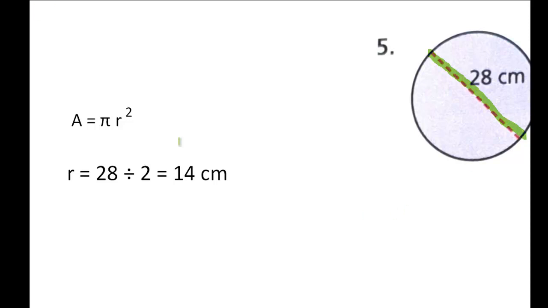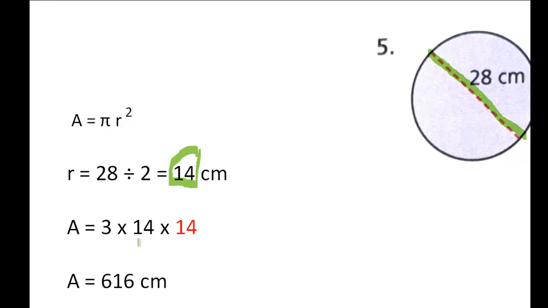Now I have r with 14. So A will equal pi, which is 3, and 14 multiplies 14. So 14 multiplies 14 multiplies 3. This will equal 616 centimeters square. Don't forget the unit again.